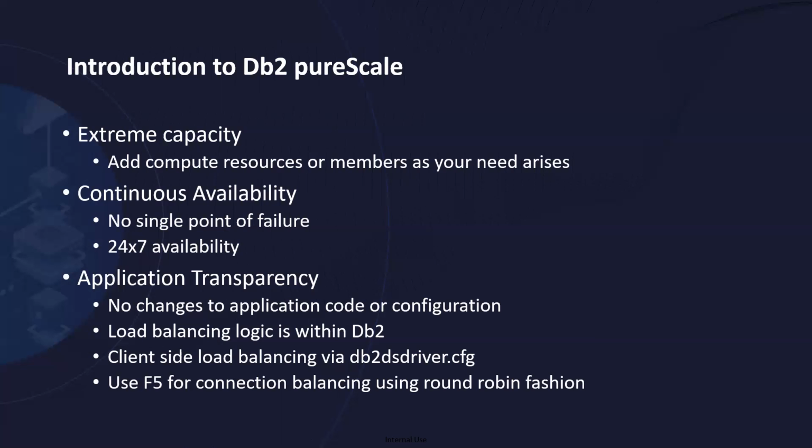How do you enable the max ACR retries? A lot of things, along with the keep alive timeouts and all that, can be done within DB2 dsdriver.cfg. So we're going to set up one more session to go over in detail how you can make use of it. And you can also use big F5 or big IP, which is also called F5, to load balance your connection in a round robin fashion.